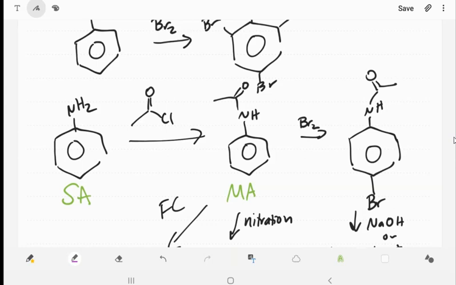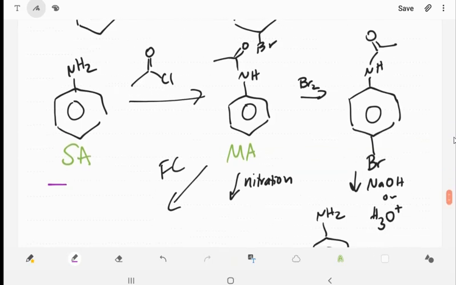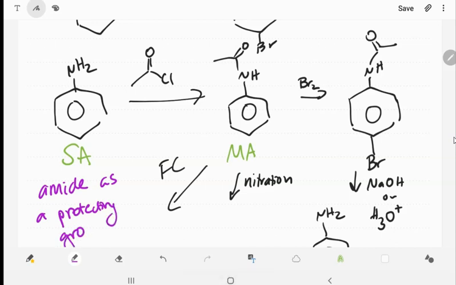So let's see here. Where shall we write this? Right here, perhaps. Amide as a protecting group. So turning your amine into an amide can protect it from, well, you're stopping it from doing other things. That's what a protecting group does. You're using it to shield your amine from going crazy and reacting with other things, and you're also taming it down a little bit.